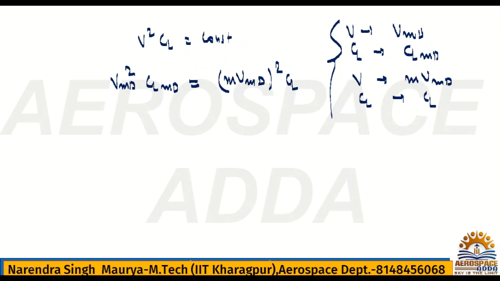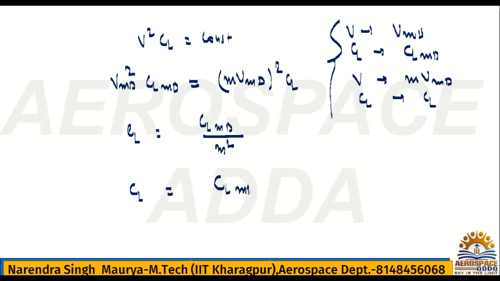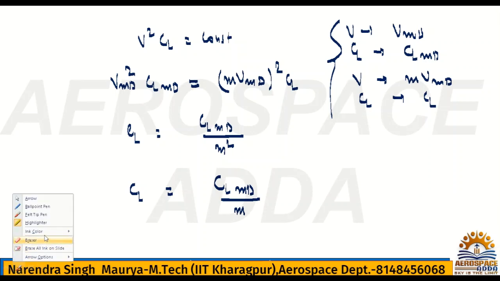Now what will be the CL? You check the CL value. CL is nothing but CLMD divided by m square, because VMD square will cancel out on both sides. So you got this very important result: CLMD divided by m square, where m is the multiple of VMD.